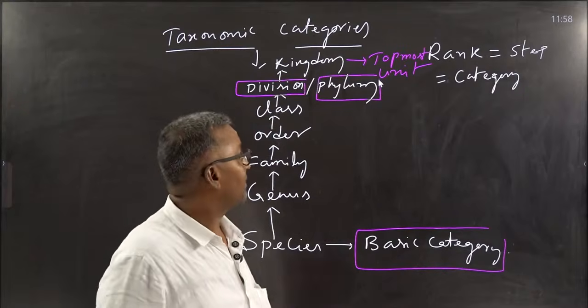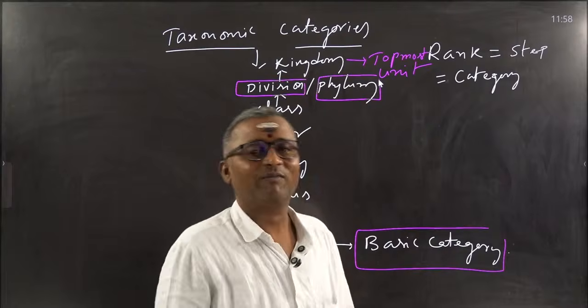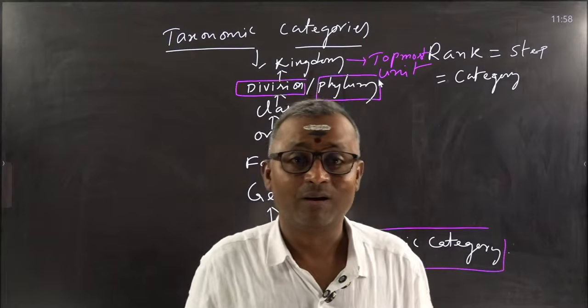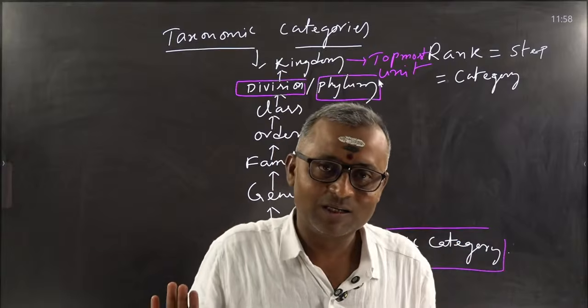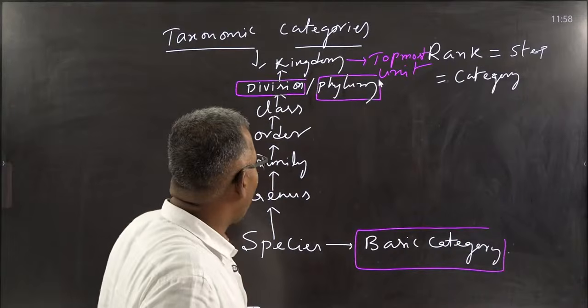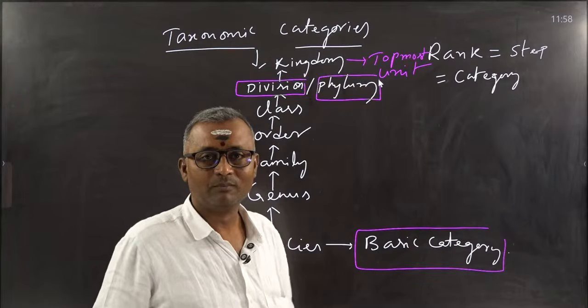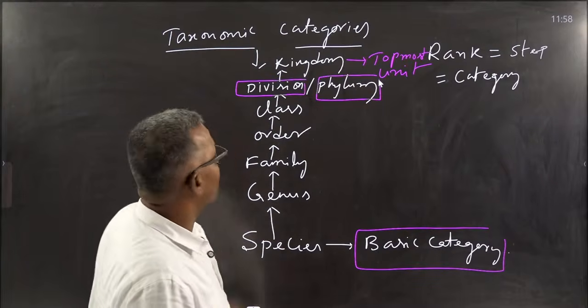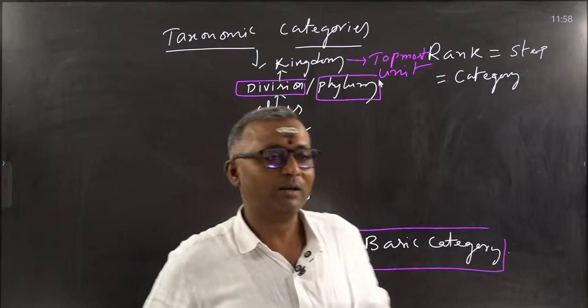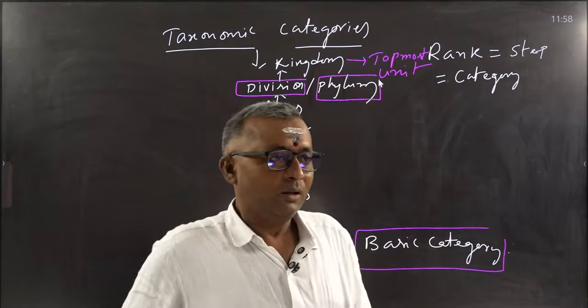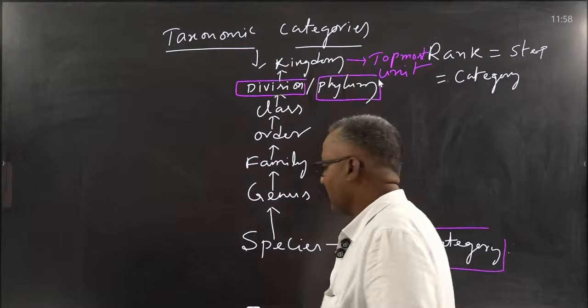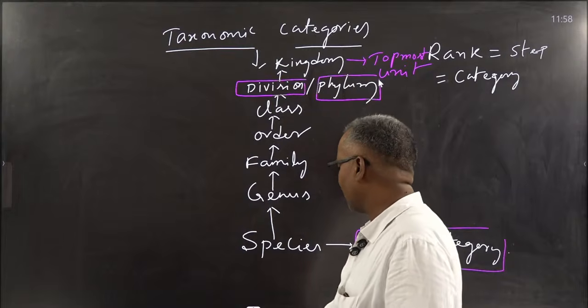All those details will be discussed in the offline classes. Understood? Because this session is meant only to make you familiar with different terminology. So this is what you can see with regard to the taxonomic categories. That's all.